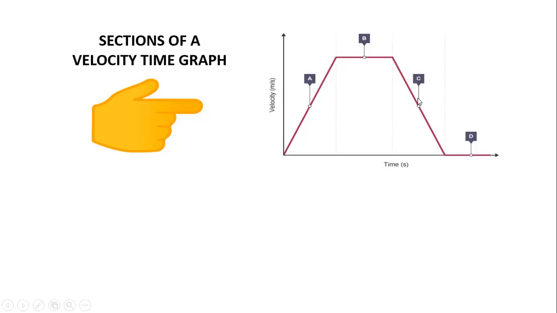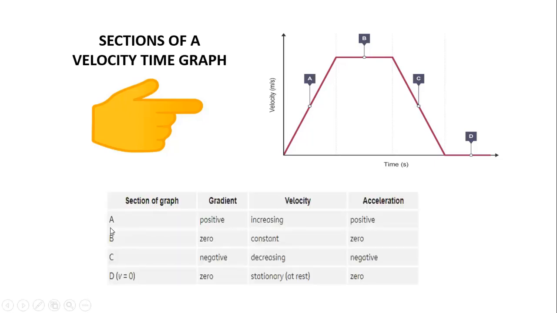All right, let's have a summary here. In section A of the graph, you can see the gradient is positive. Gradient is simply the change in y divided by the change in x. When the gradient is positive, it means that the velocity is increasing, and therefore acceleration is also positive.